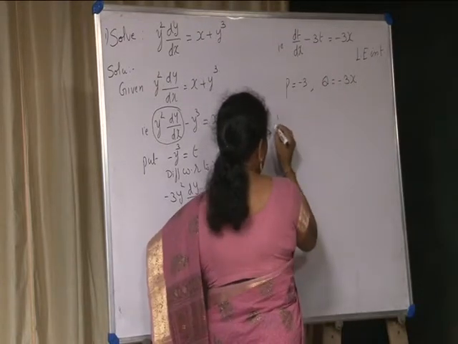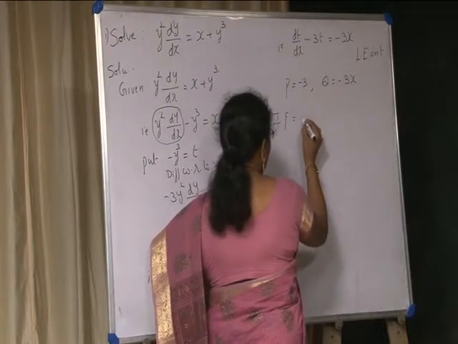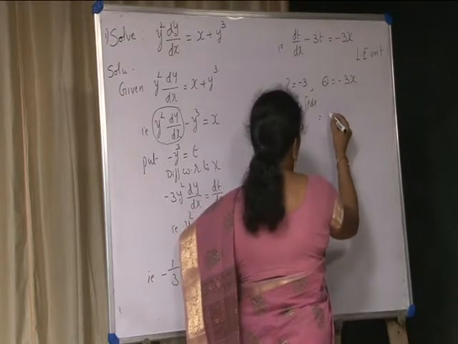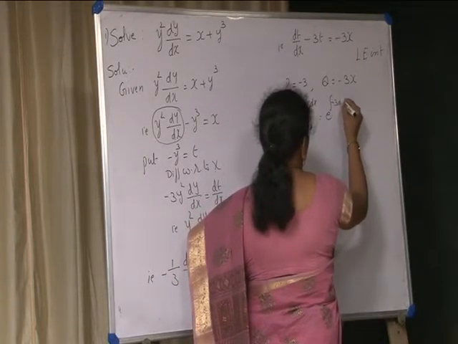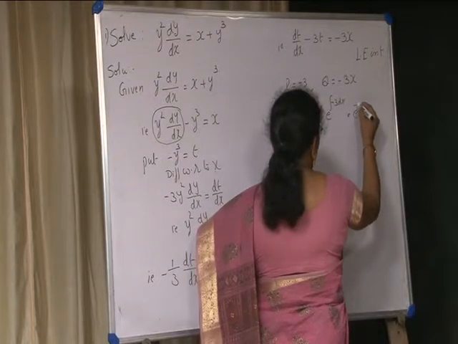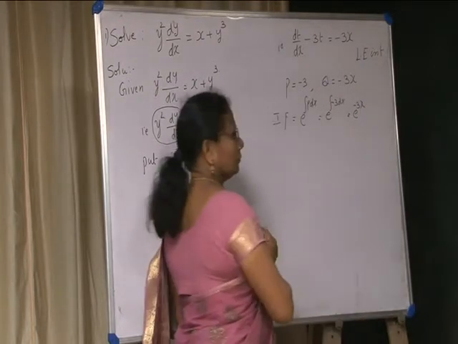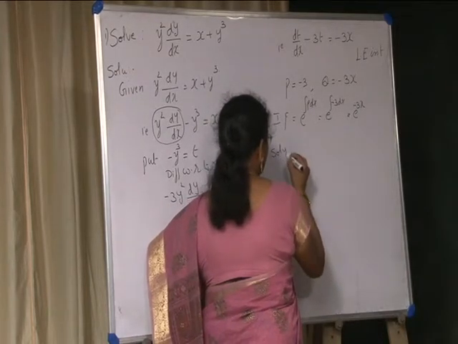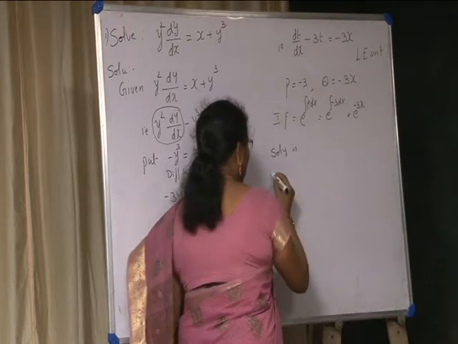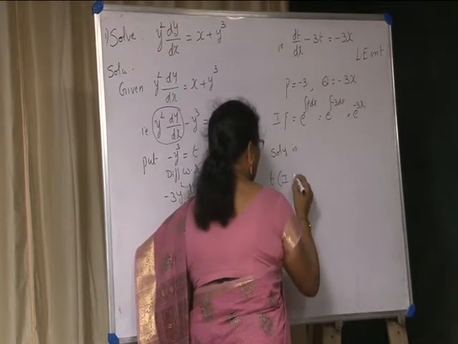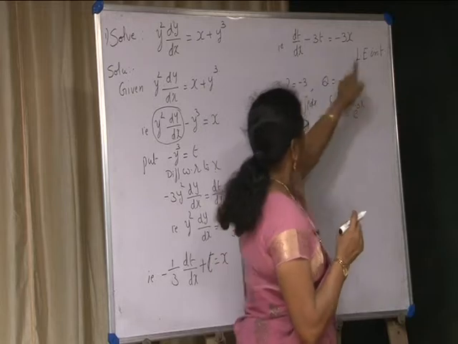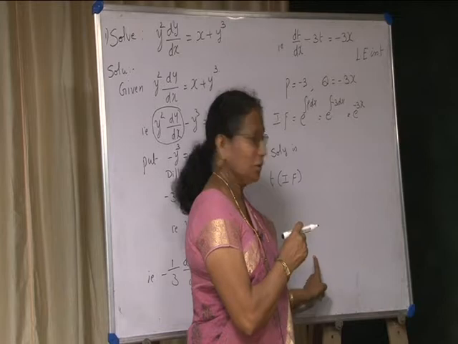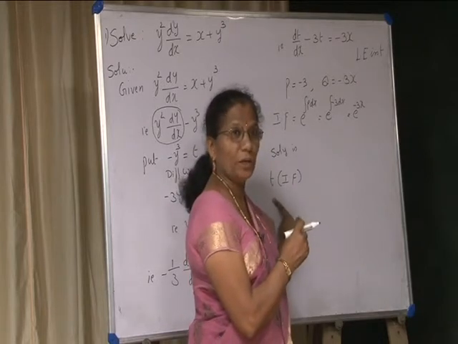So the integral factor IF is equal to e to the power of integral of p dx, that is integral of minus 3 dx, which gives e to the power of minus 3x. Therefore the solution is t into integral factor. You have to remember this is a linear equation in t, so while writing the solution, in place of y we take t.